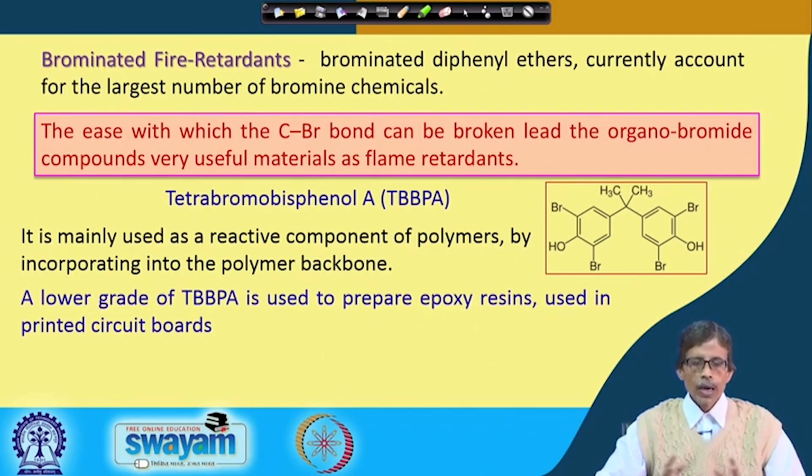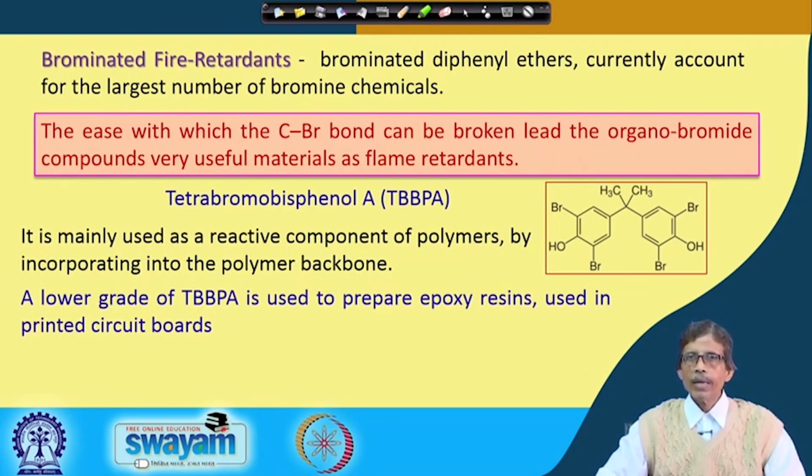This is basically in the domain of the polymer industry, but we are not talking about all these things, rather their utilization, how you use the brominated compounds, because we are talking in terms of the consumption and production of bromine and its derivatives.